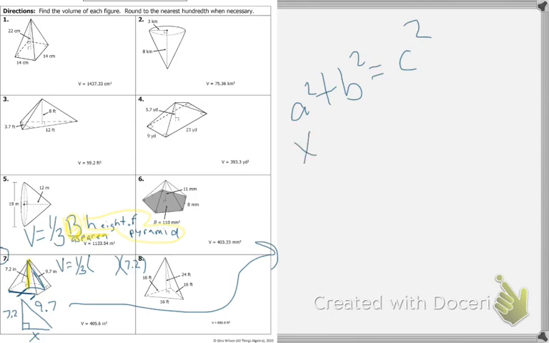So we'll go with x squared plus 7.2 squared equals 9.7 squared, since c is 9.7.